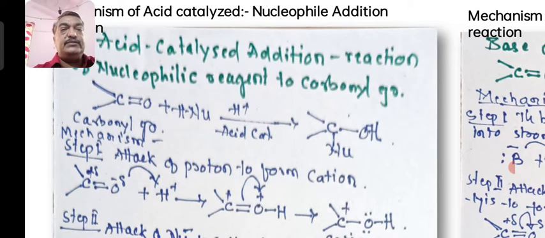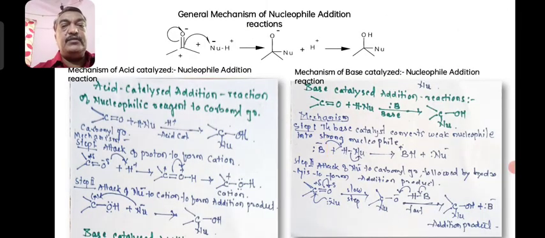In the first step, the carbonyl group attacks the H plus and becomes OH plus with carbon plus, which further resonates to form C plus and OH. The cation then reacts with the nucleophile to form the nucleophilic product attached to the carbon. So in the acid catalyzed reaction, the reaction begins with the addition of H plus.